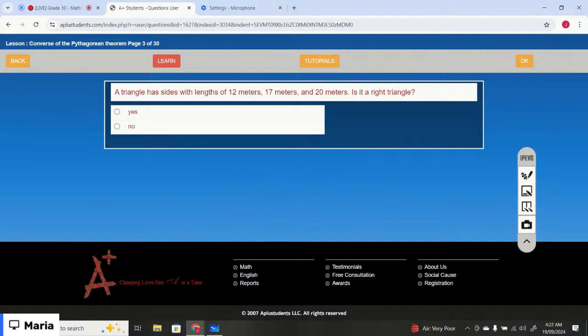A triangle has the side lengths of 12 meters, 17 meters and 20 meters. Is this a right angle triangle? Which is the correct option? You can solve and see if this is a right angle triangle.